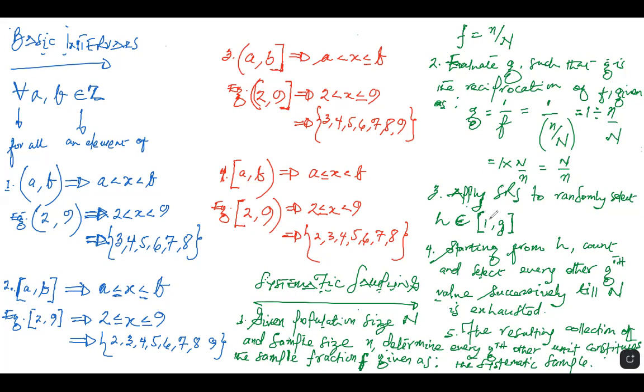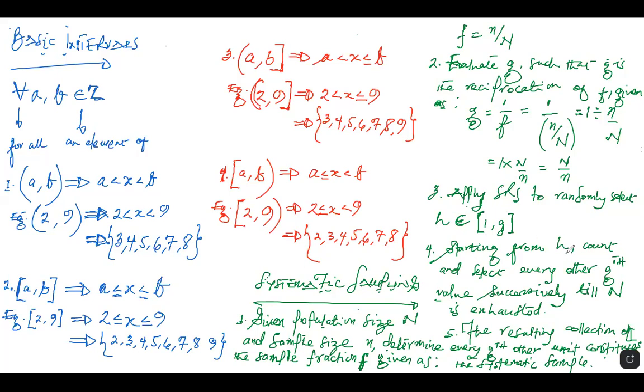All right, then we create an interval involving 1 and g, and from that interval, we apply simple random sampling to select a value. Let's call that value h. So when we get the h value, we go back into the population and start from h.